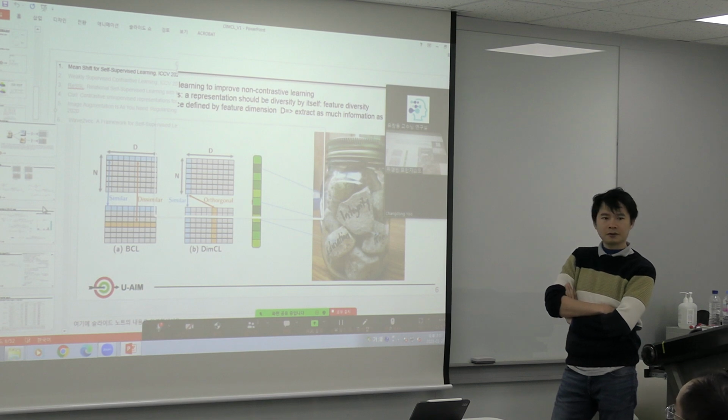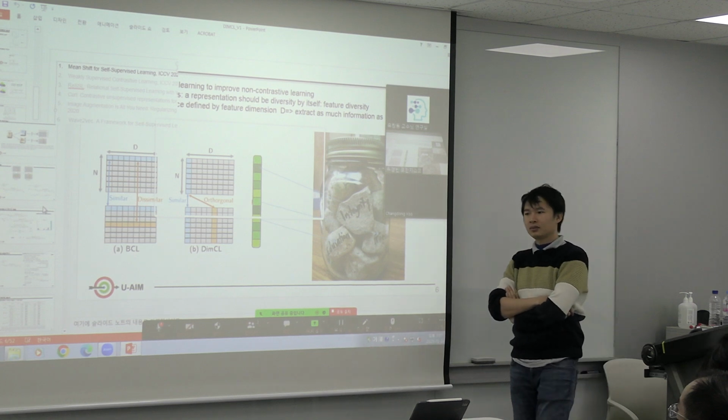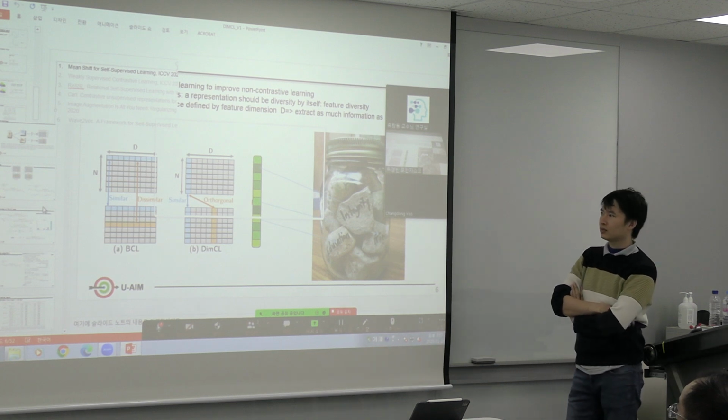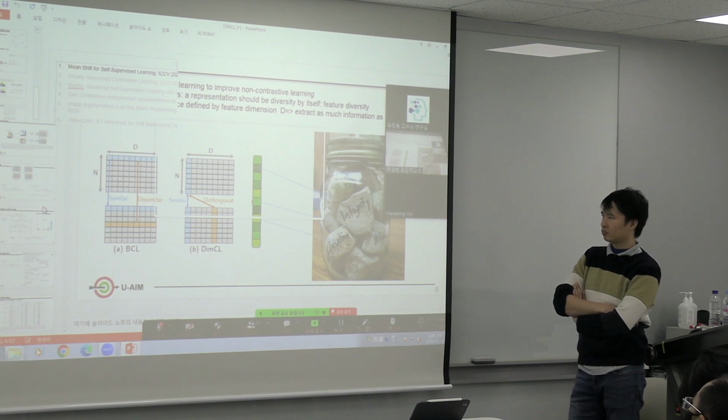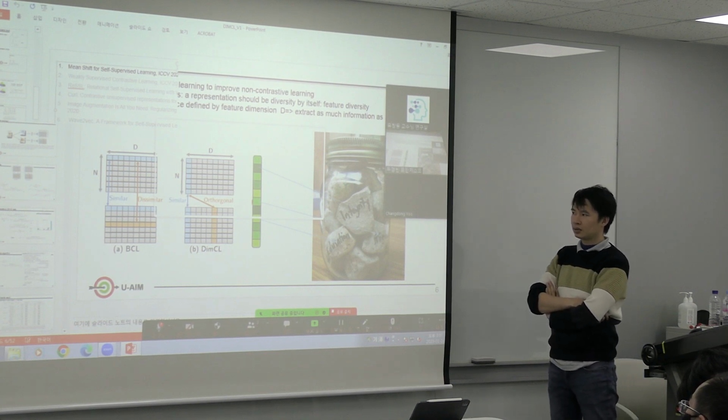So you represent two blocks here, right? For BCL, you have the upper block and the lower block. So also on the right hand side, you have the upper block and the lower block, right?